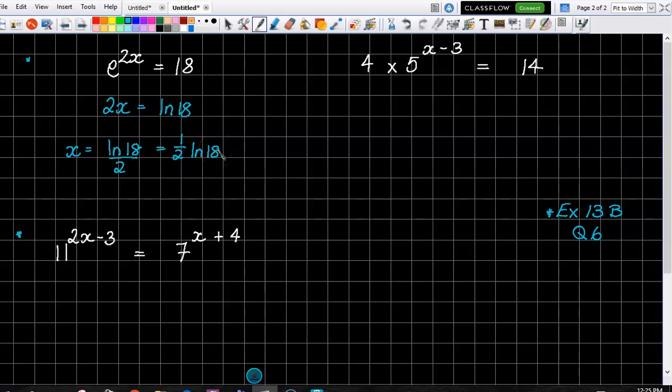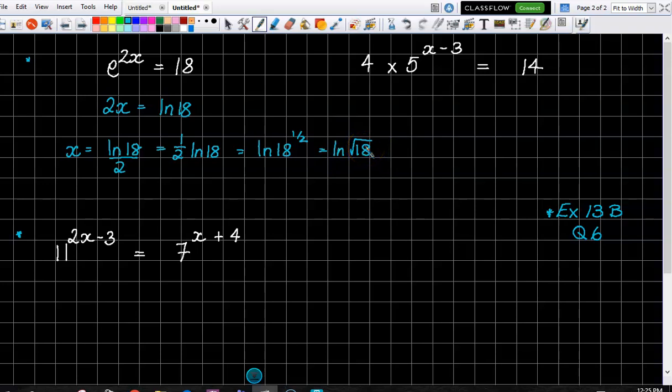Any other way you could write it? Dividing by 2 is the same as timesing by half, so you can also say this is ln 18 to the half, which is the same as ln root 18.